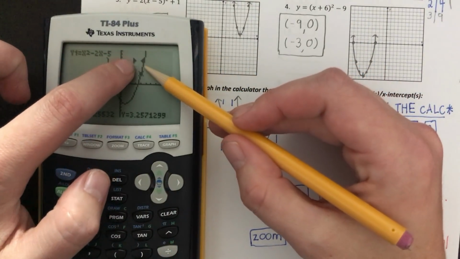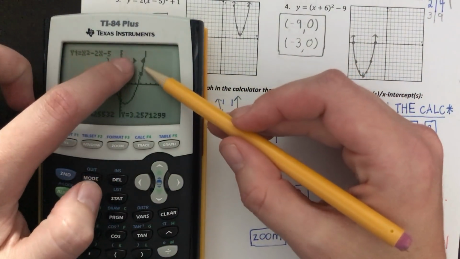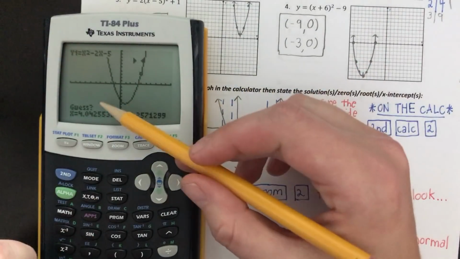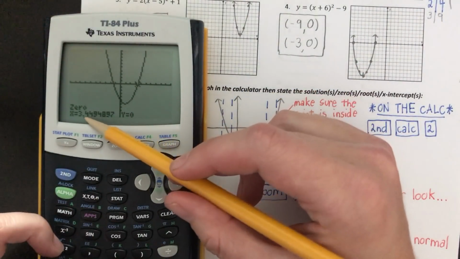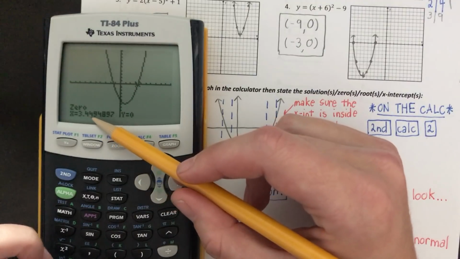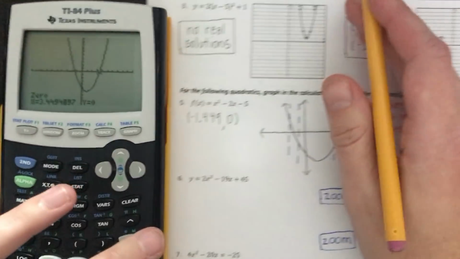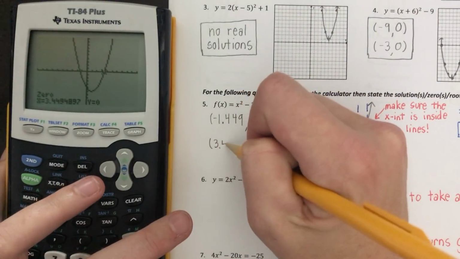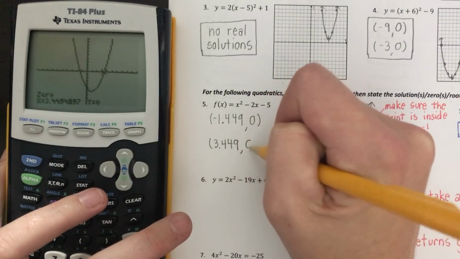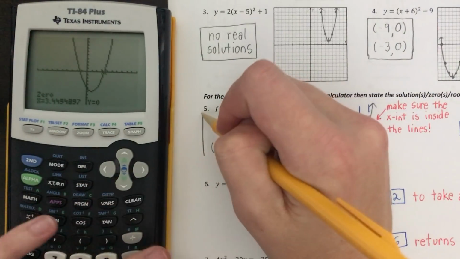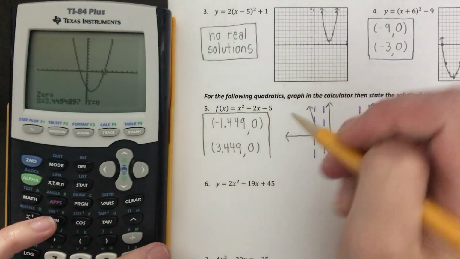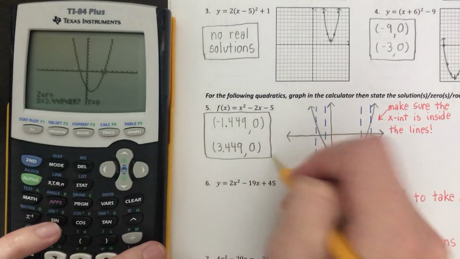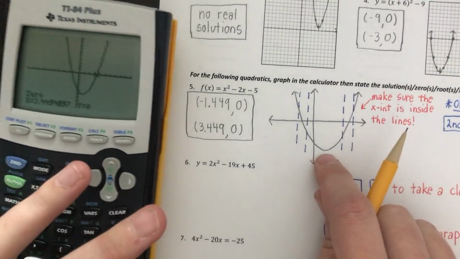And then your zero should lie between those 2 arrows. You hit enter again. Yes, I want you to guess. And my zero is at (3.449, 0). So those are my 2 x-intercepts. I'm glad we didn't find those by hand. What about you? Okay, so that was on number 5.